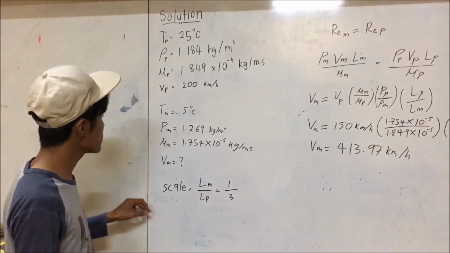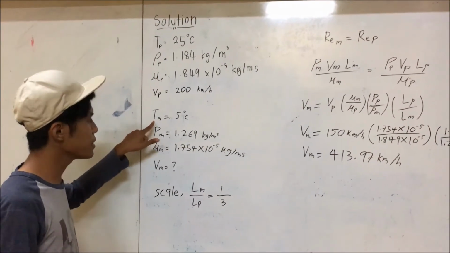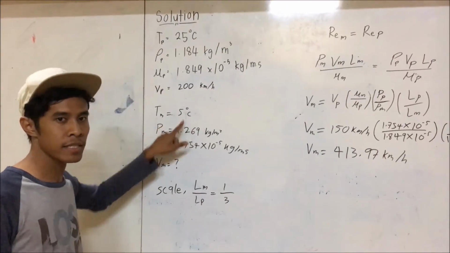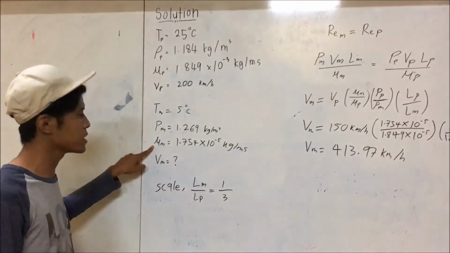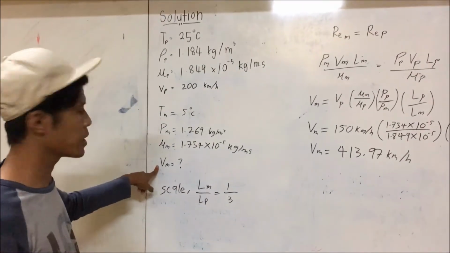And this is the model. We are given 5 degrees Celsius, and we see the table at the back of the book, and we get the density and the dynamic viscosity, and this is what we want to find.